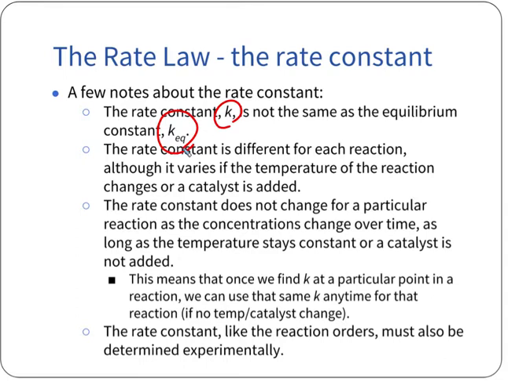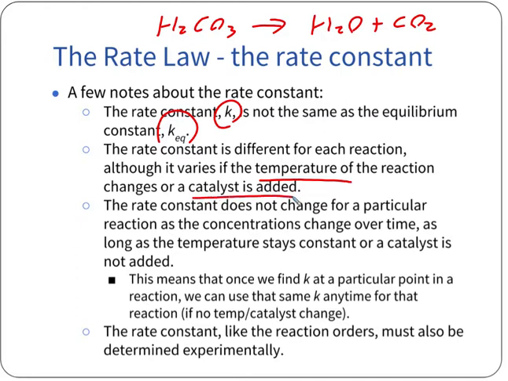Next, the rate constant is different for each reaction. If you had a reaction like H2CO3 decomposing into H2O plus CO2, that reaction would have a particular rate constant k. That rate constant does vary if the temperature of the reaction changes, because we know temperature can affect the rate, or if a catalyst is added, or removed.